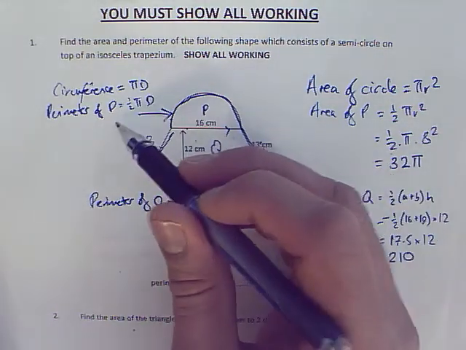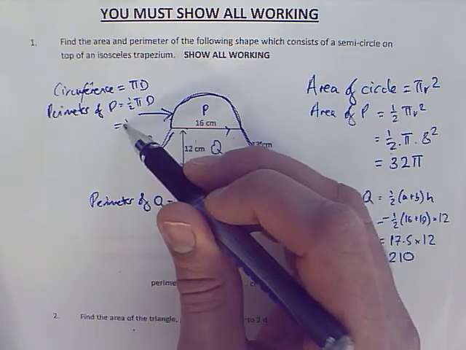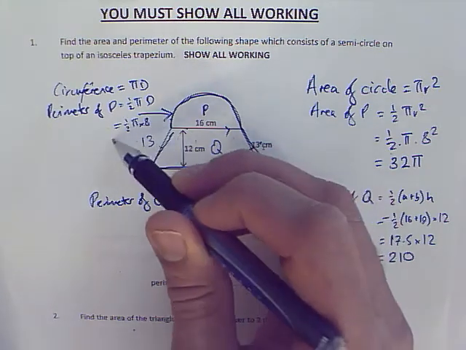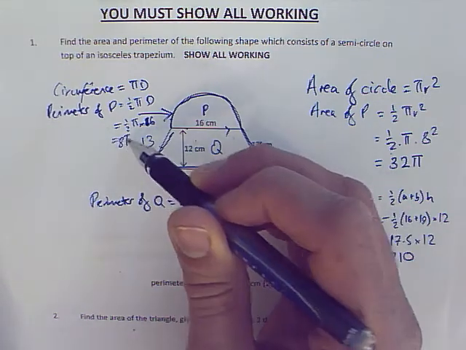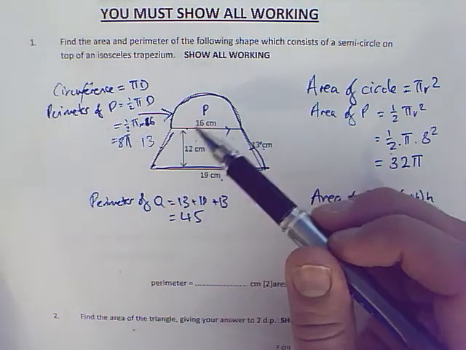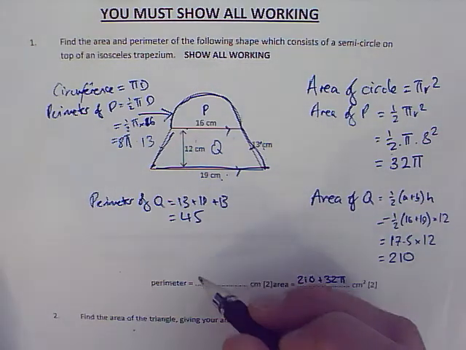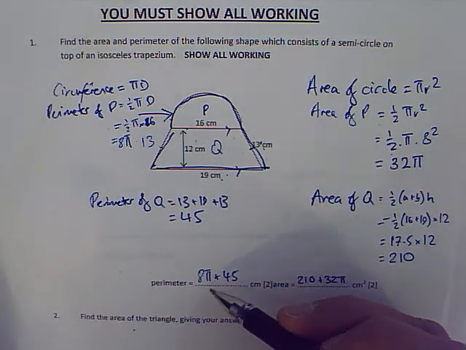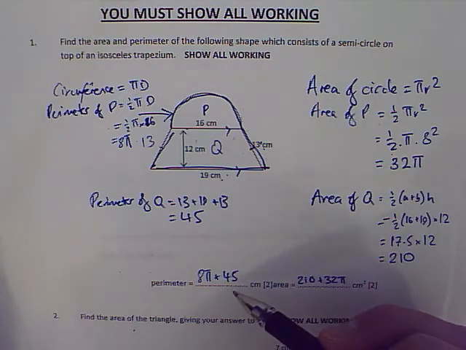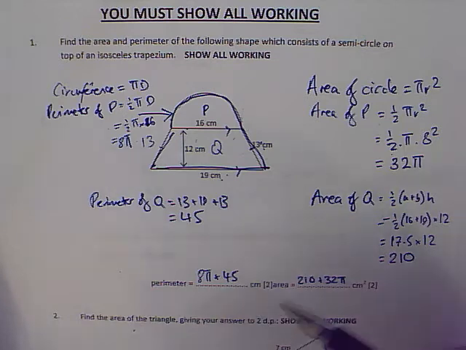D is the diameter, it's 16, so a half of pi times 16, which is 8 pi. So put the perimeter of this bit, which is 8 pi, plus this bit together, and we get 8 pi plus 45. 8 pi is about 25 or so. So together you're going to get a perimeter of about 70.